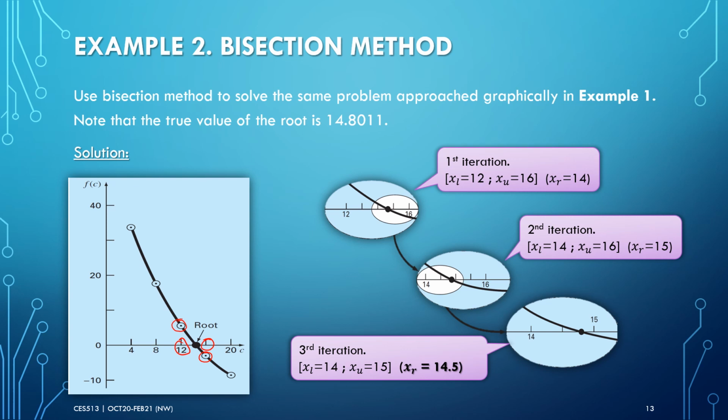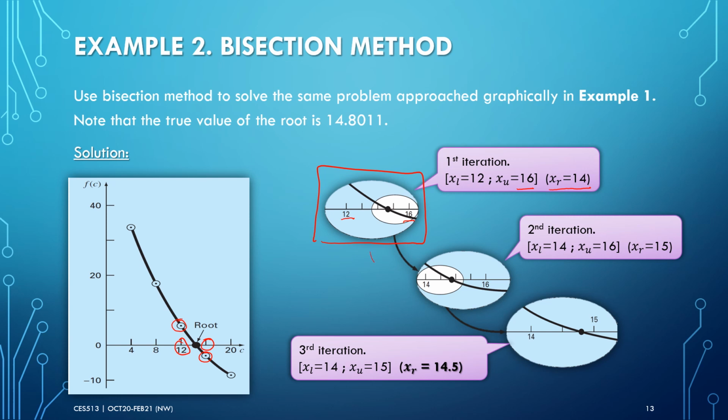The figure here shows the graphical depiction of the bisection method for this example. This one is for the first iteration, where the lower bound is 12 and the upper bound is 16, and the estimated root is equal to 14.